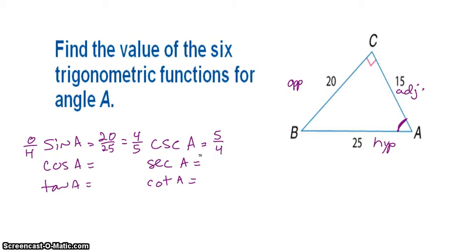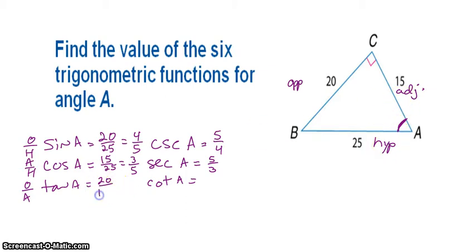Cosine, CAH, adjacent over hypotenuse, 15 over 25. 5 goes into both of those as well. For secant, just flip it. And then tangent, TOA. Opposite is 20.